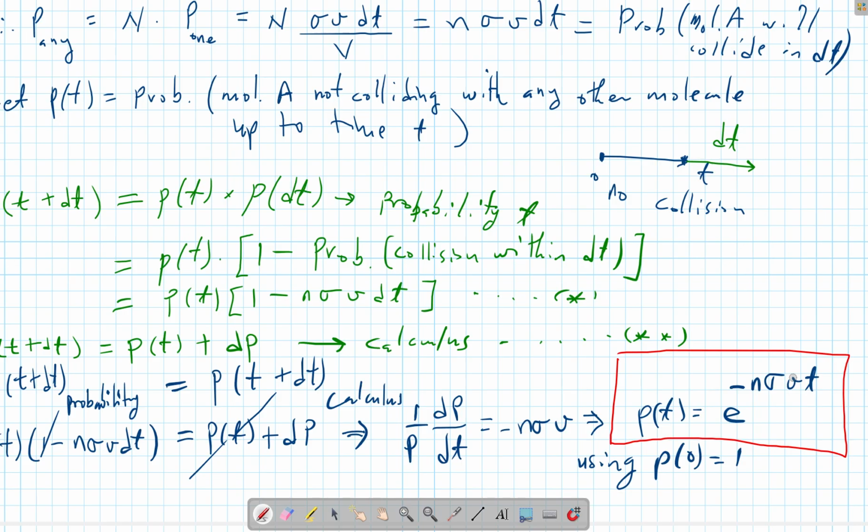The next thing we're going to compute is the probability of molecule A not colliding up to time t, but then colliding after the next dt.